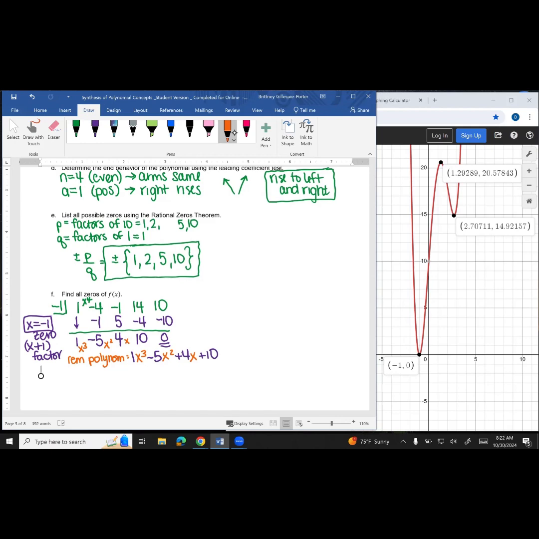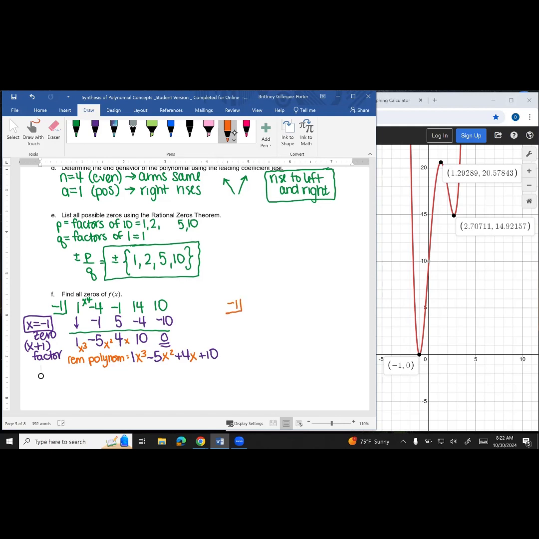And you may be wondering to yourself, how am I going to do synthetic division again if the graph only touches the x-axis at -1? But if you notice, it touches and turns at x equal -1, which means it has an even multiplicity and it has got to show up at least 2 times.